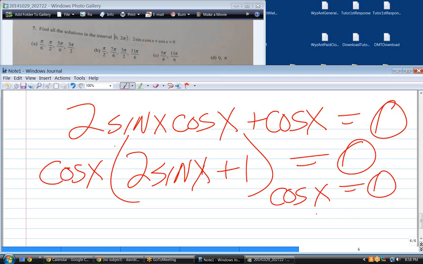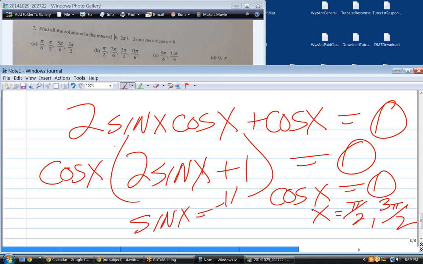Where does that occur? That occurs at pi over 2 and 3 pi over 2. In other words, it's where the cosine curve crosses through the x-axis. And it does it in 2 places. And the rest of it is sine x equals negative 1/2.